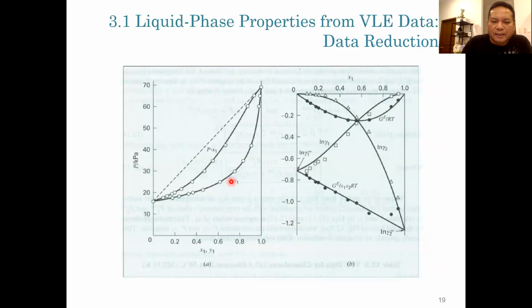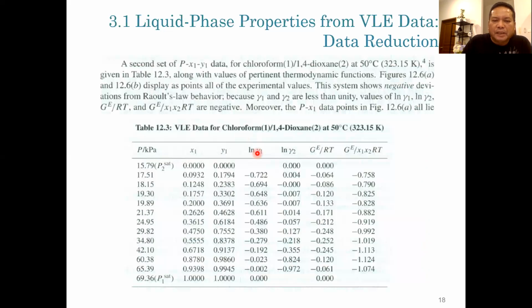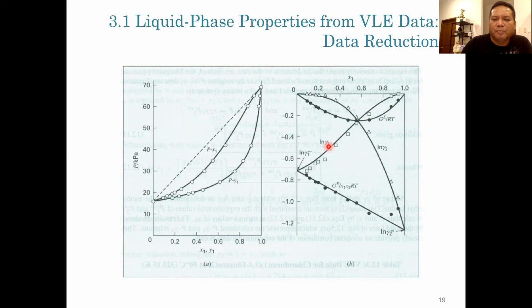This is the saturated vapor line, this is the saturated liquid line. This means that the mixing of chloroform and 1,4-dioxane provides a negative deviation.